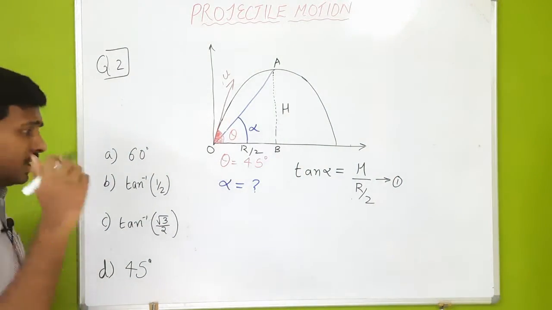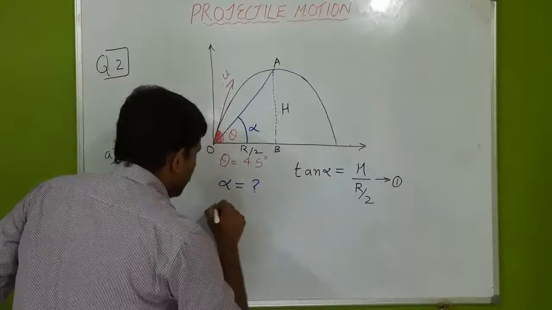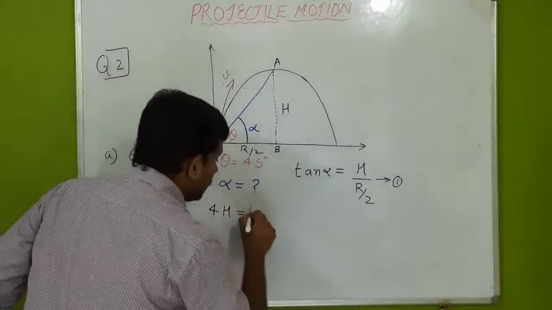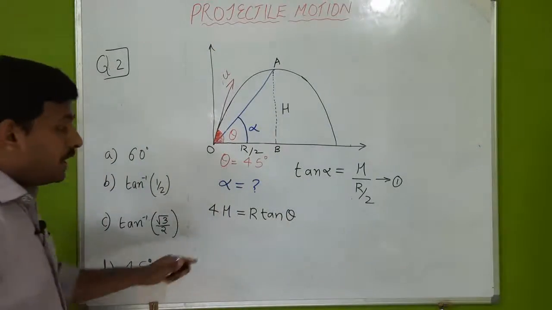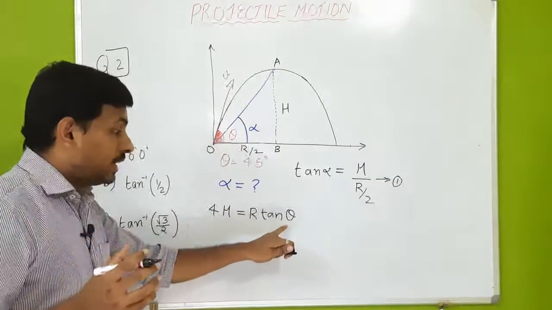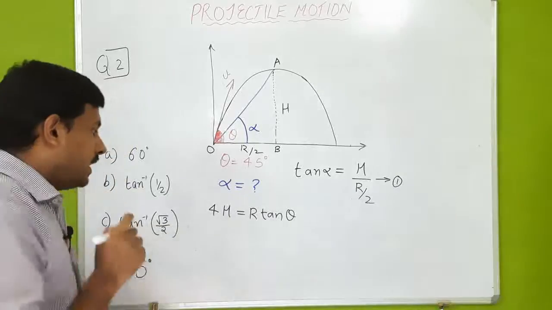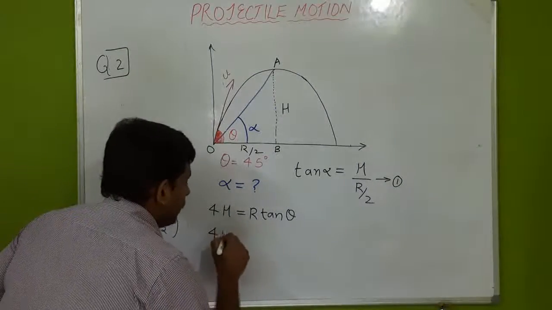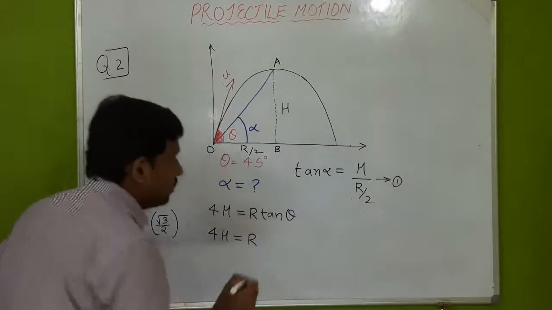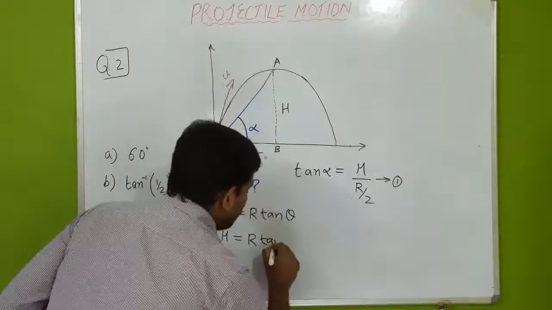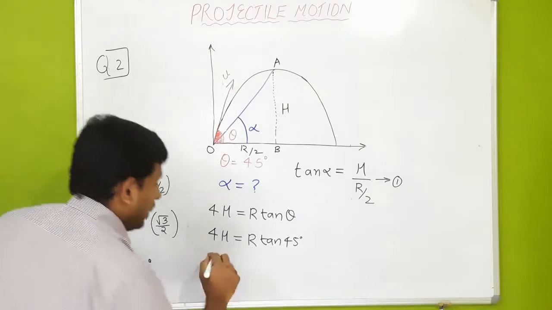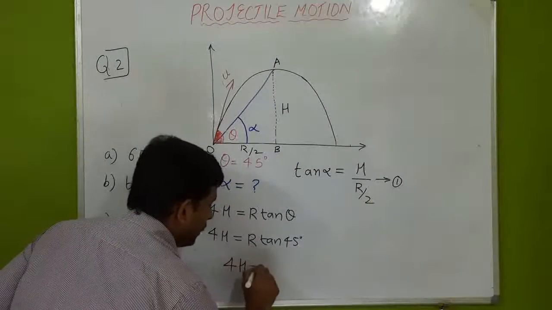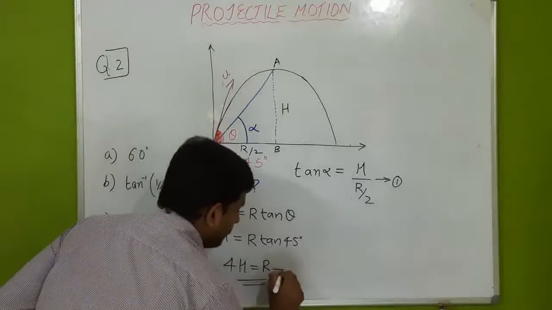And from the relation we obtained earlier, 4h is equal to r tan theta, where the angle of projection theta is 45 degrees, 4h is equal to r into tan 45. What is tan 45? It is 1. Therefore, 4h is equal to r.